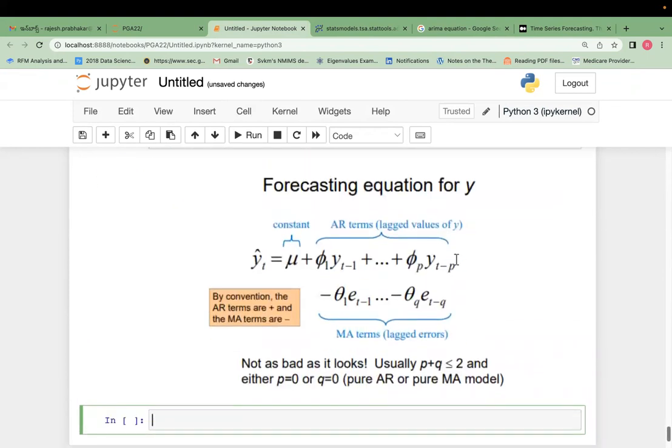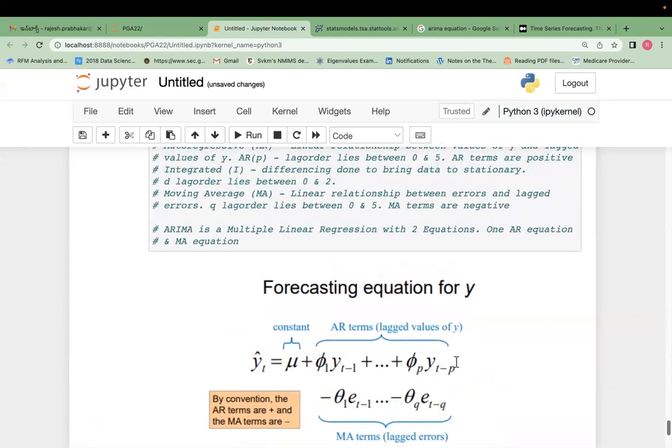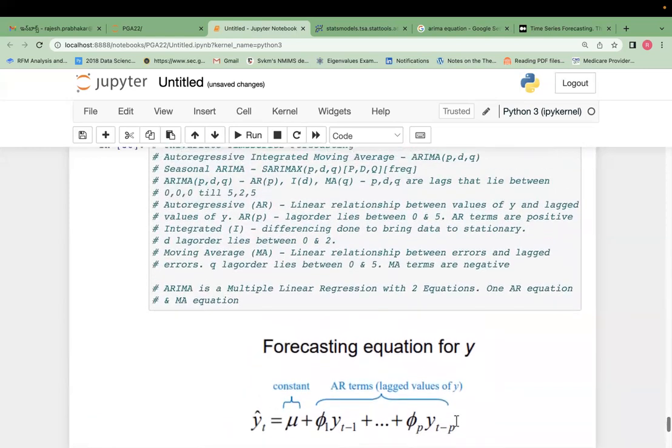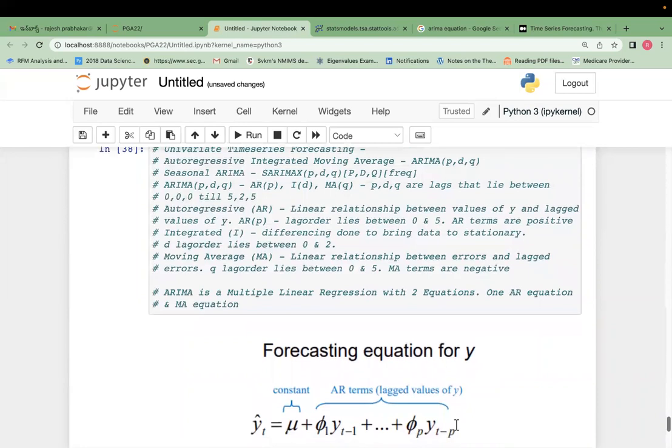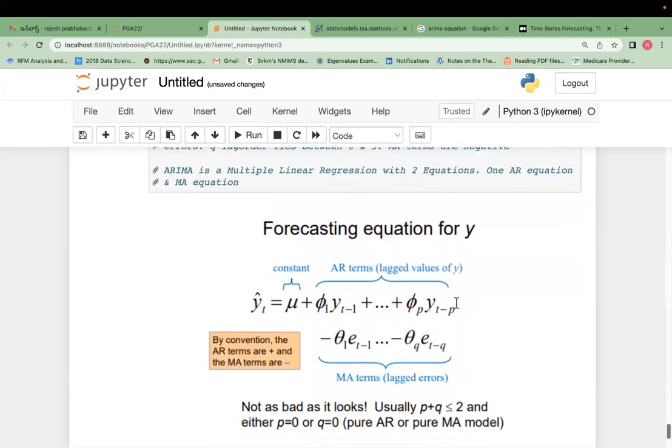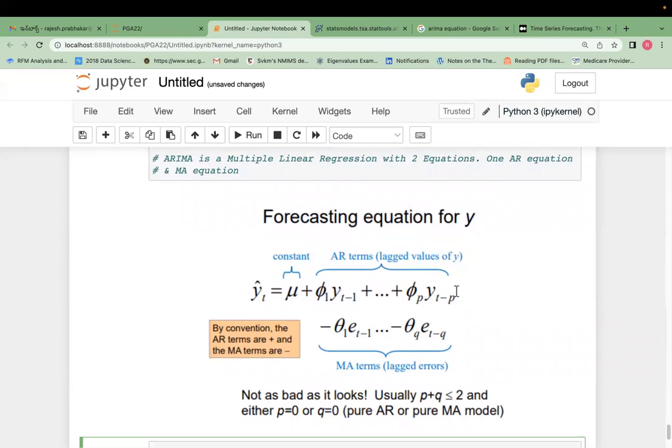Yt is equal to the intercept or constant plus AR terms, lagged values of Y, and MA terms, lagged values of errors. AR terms are positive, MA terms are negative. These are the two equations: Yt minus 1 till Yt minus P, theta Et minus 1 till theta Et minus Q. So here we can see the equation. It is a simple multiple linear regression equation, the forecasting equation, but with two equations: one is the AR equation, the other is the MA equation.